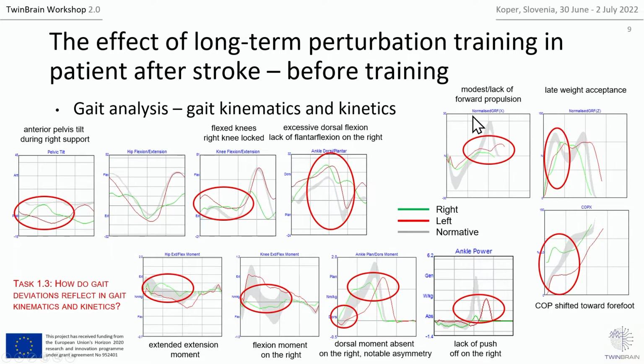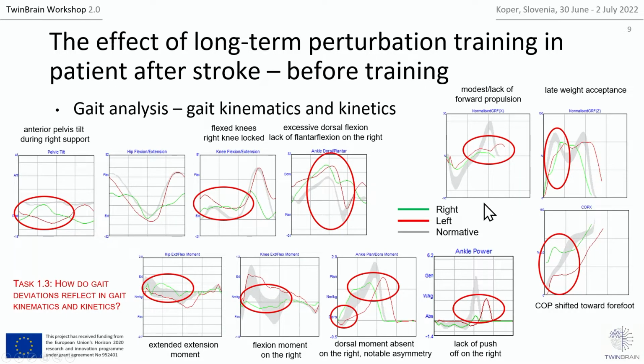We also see a very poor modulation of the horizontal component of the ground reaction force. If you remember from the previous talk, we normally have quite an explicit ground reaction force here during the push-off phase. This is now lacking, meaning that there is little forward propulsion present.